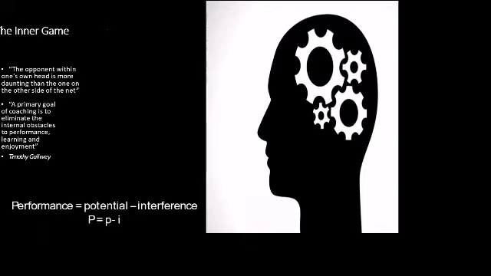Can anybody give me a few examples of what they feel is an interference besides fear that we mentioned above? A few other examples of what can be an interference in your inner game, in your mind. Confidence. Lack of confidence, that's it. Okay, so your performance is equal to what you are capable of when you remove the obstacles.